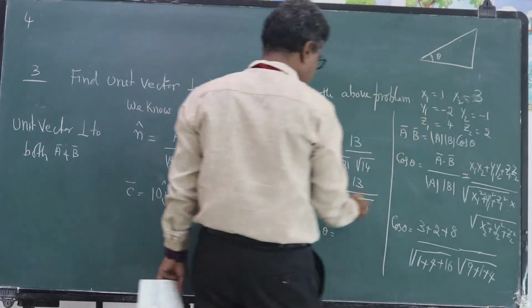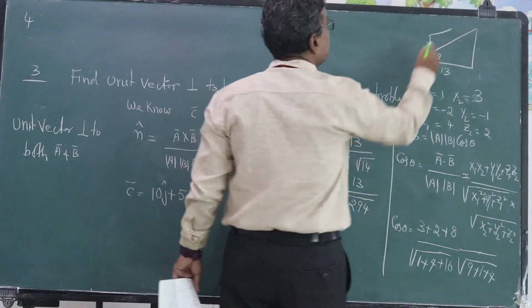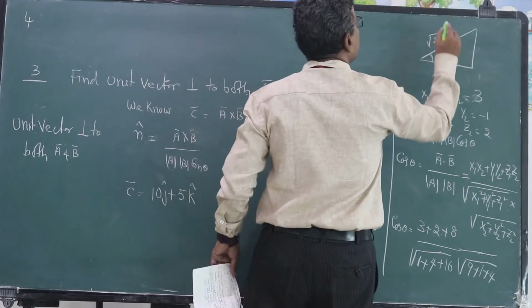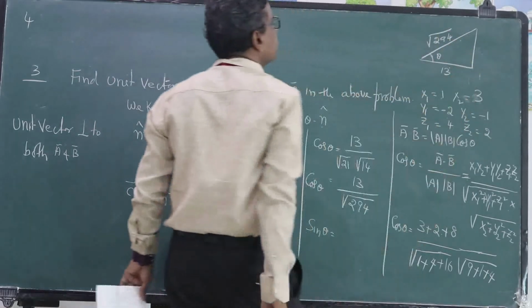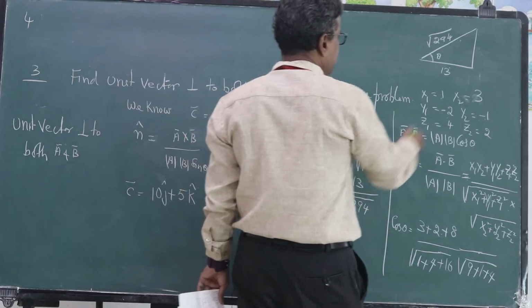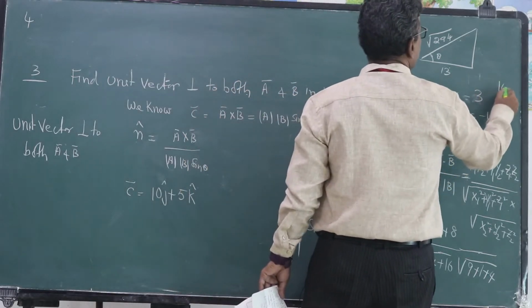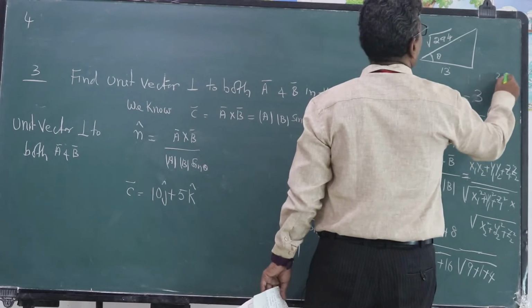Cos theta is 13 by root 294. So what is this value? Square root of 294 minus 13 square, 13 square is 169.